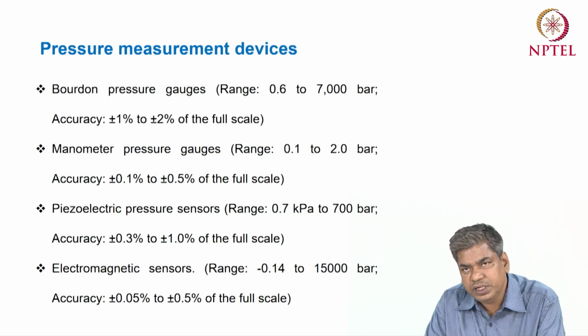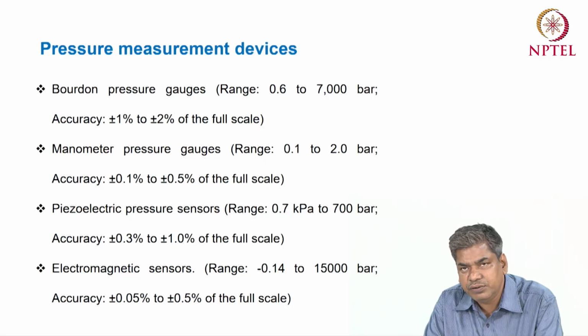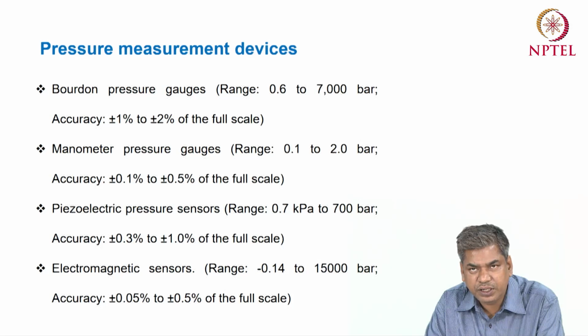That means for the given pressure, some stress will develop, and that stress will change the electrical properties, and we can measure the voltage for that case, and by using the measured voltage, we can estimate what will be the pressure.